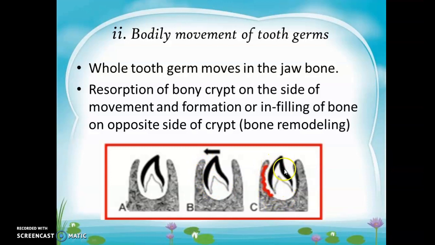Thus, the bodily movement of tooth germ is facilitated by the resorption of the bony crypt wall here. But at the same time, there is infilling or formation of bone on the opposite side of the bony crypt wall. Thus, bodily movement of tooth germ is facilitated by remodeling of bony crypt wall.